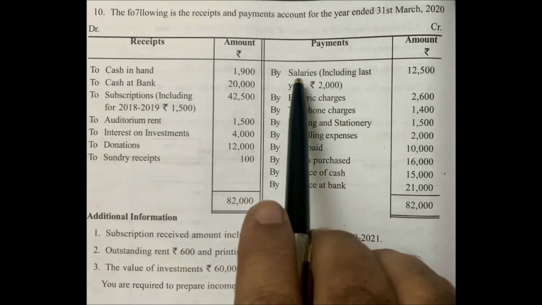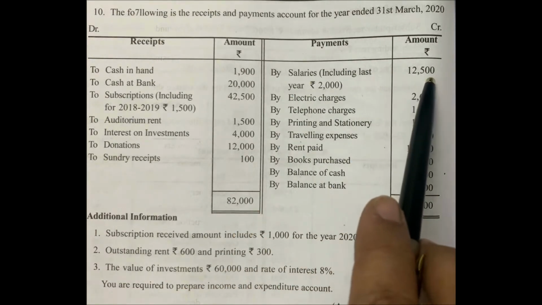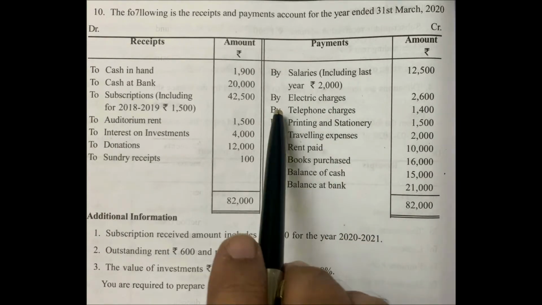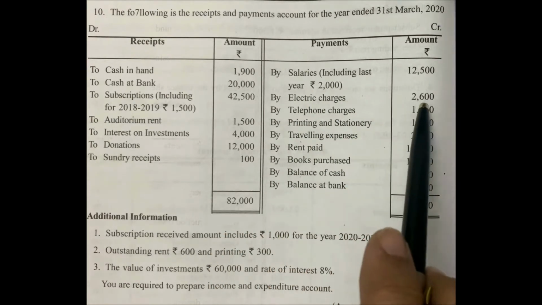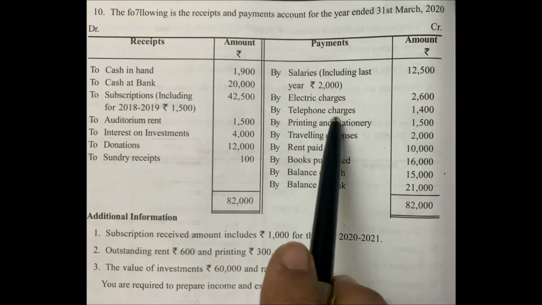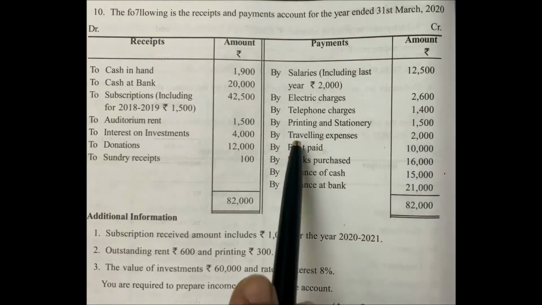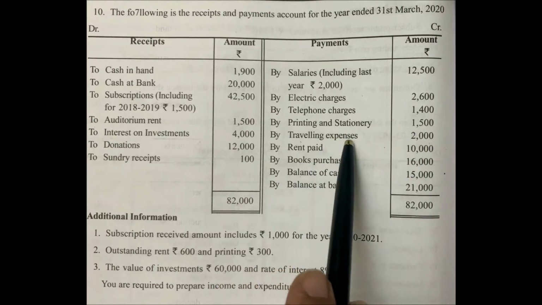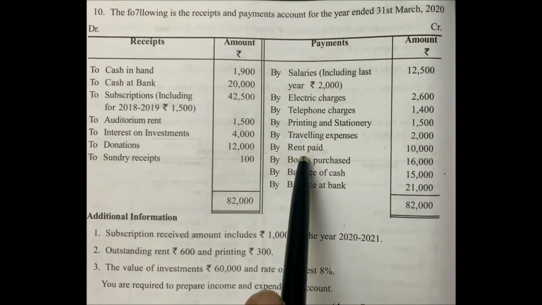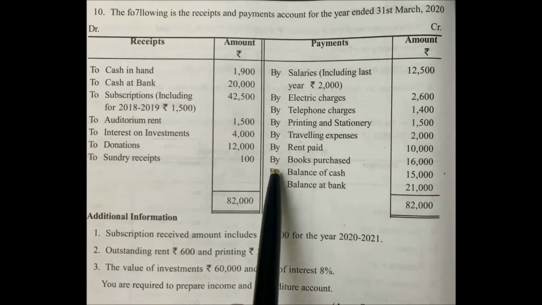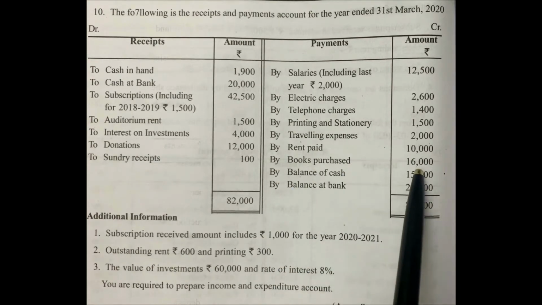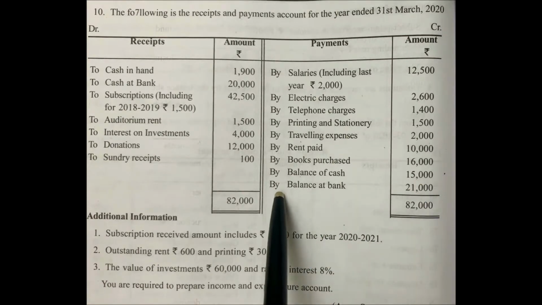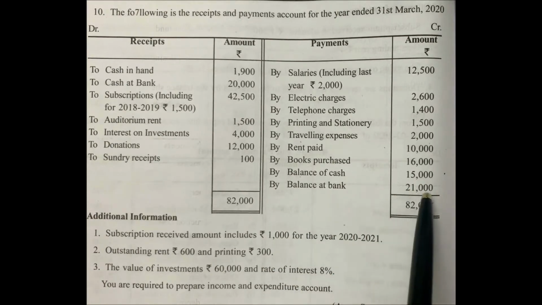Payment side, by salaries 12,500 in brackets including last year 2000 rupees, by electric charges 2600, by telephone charges 1400, by printing and stationery 1500, by traveling expenses 2000, by rent paid 10,000, by books purchased 16,000, by balance of cash 1500, by balance at bank 21,000.